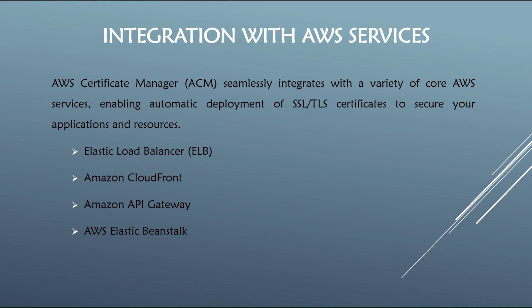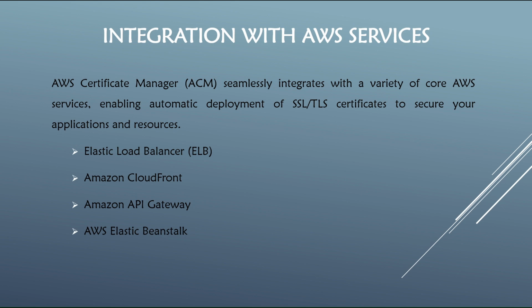For example, for an online banking application with APIs for mobile clients, you would use API Gateway to manage secure access. ACM would secure the API communication with an SSL/TLS certificate, ensuring sensitive data like financial information is protected.